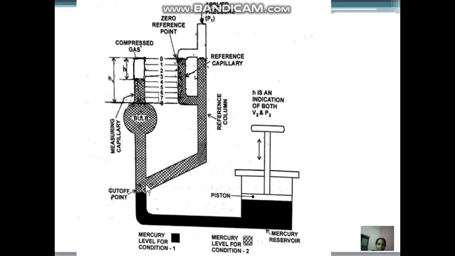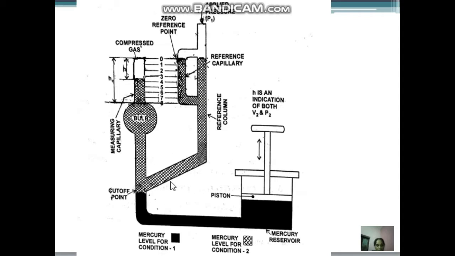The place where the bulb connects with the reference column is called the cutoff point. Below the reference column and the bulb there is a mercury reservoir operated by a piston. I will explain the cutoff point while explaining the operation of this McLeod gauge.